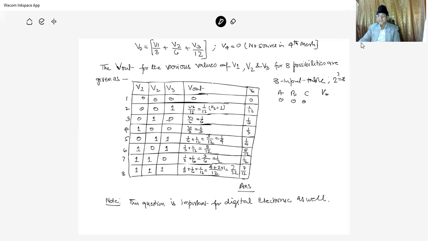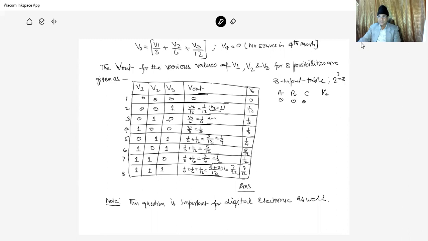So V3 is 1, and V1, V2 are 0, 0. So this is 1 by 12, V3 by 12, because V3 is 1. Either it is 1 or 0. The third possibility is 0, 1, 0. So V2 is 1 and the rest is 0. So this is 1 by 6.